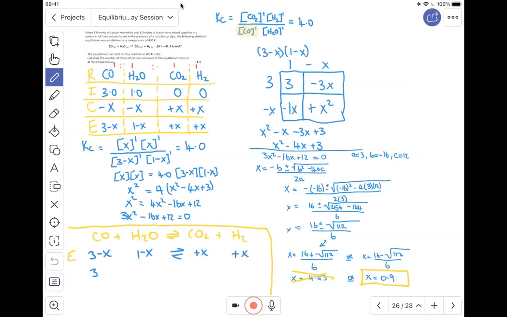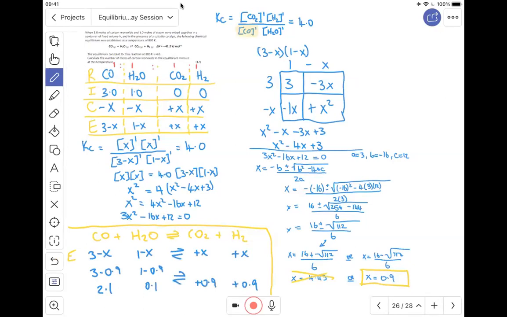So I would fill all of these in. I have 3 minus 0.9, which is 2.1. I have 1 minus 0.9, which is 0.1. And that goes to plus 0.9 and plus 0.9. So those are all of my concentrations at equilibrium.